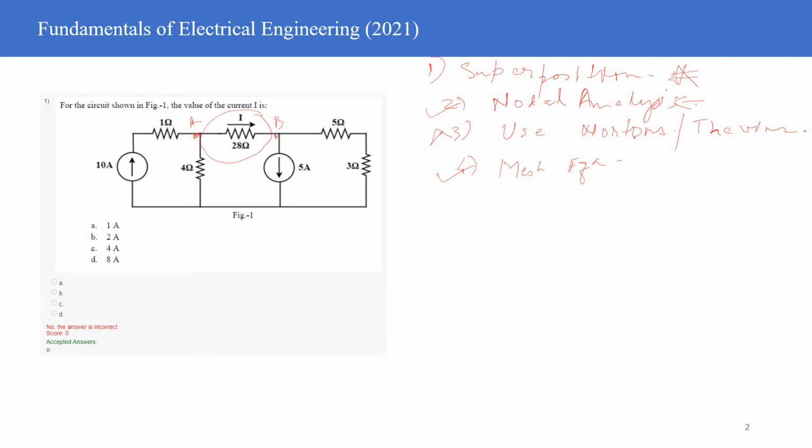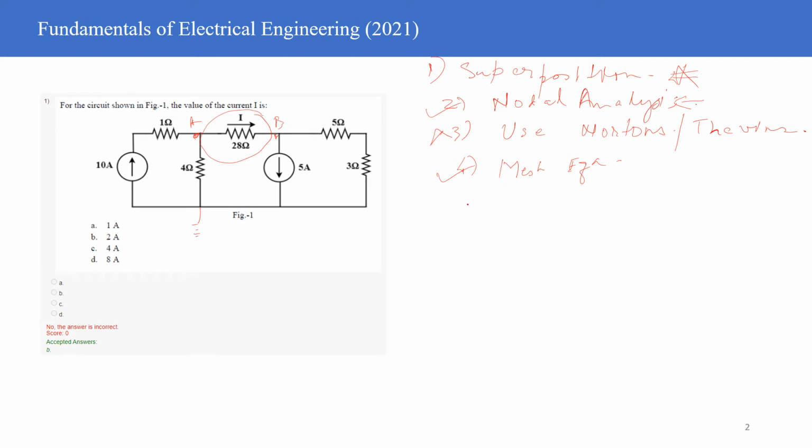So let me try to solve this problem using nodal analysis. So I'm considering node A, right? And I'm writing the equation for node A, right? So node A is VA, and I'm considering this to be the ground right here.